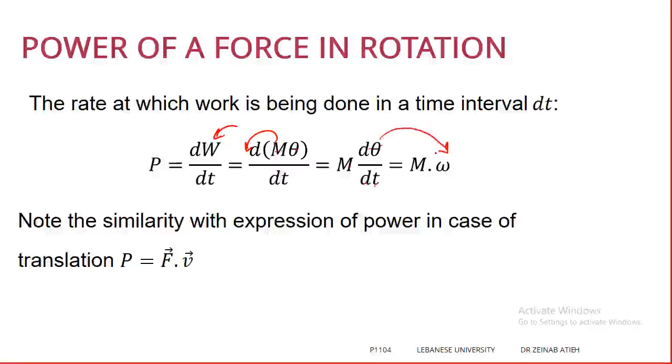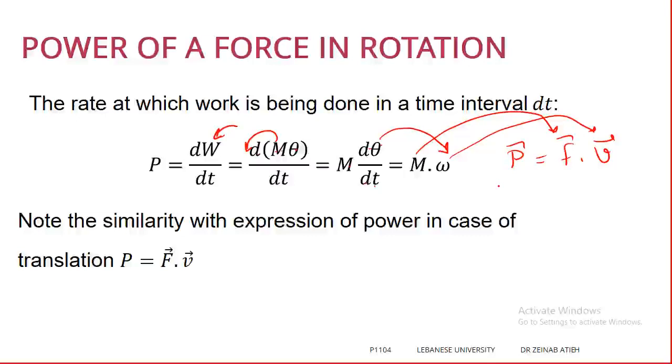So it's simple, it's similar to the case of translation. In the case of translation, we said that P equals F dot V. So we usually replace M by F, we replace omega by V, and we can calculate in this way the power in case of rotation, in the same way we calculate the power in case of translation.